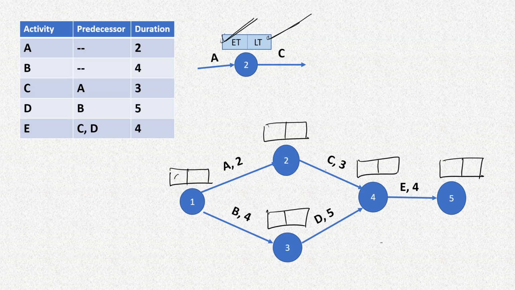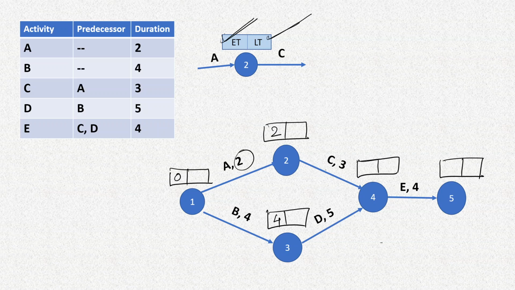So we start at day 0, then we go to this node, and this node will be giving us 0 plus 2, that is 2. Then in this node it will give us 0 plus 4, that is 4. When we go to this node, there are 2 arrows meeting at this node. That means we'll have to consider the maximum time coming from these 2 arrows.